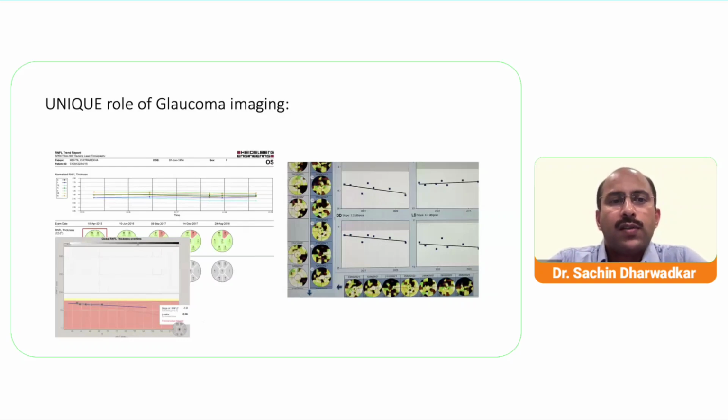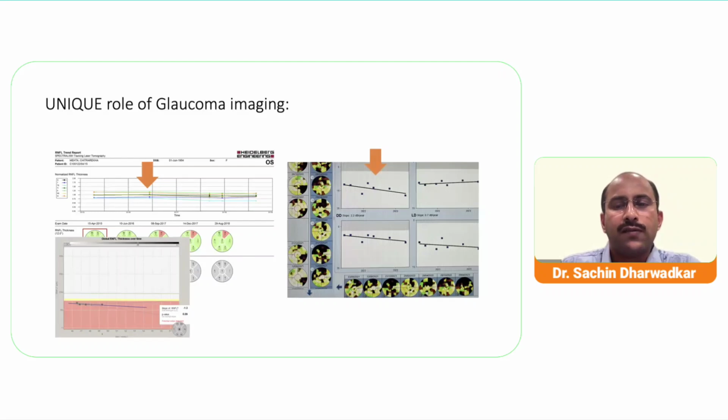Another important aspect of glaucoma imaging is that we always have two main pillars to our diagnosis. One is structural and another is functional. But the biggest bugbear, as seen in this particular film, is that when you go to functional progression, the test-retest variability is the biggest drawback in terms of sequential visual field testing.